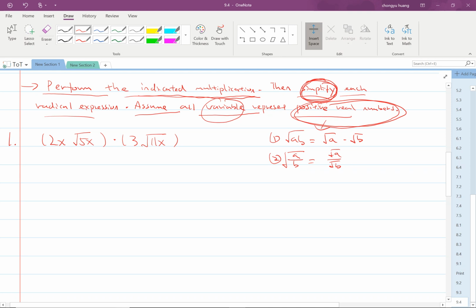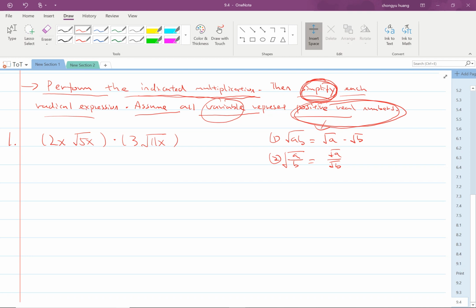That's the key thing. Here we are assuming those variables are positive numbers, so we can apply those properties all the time.